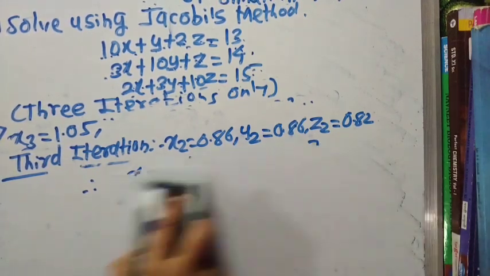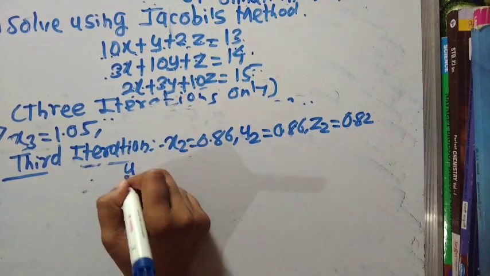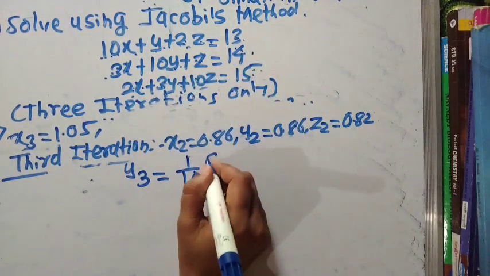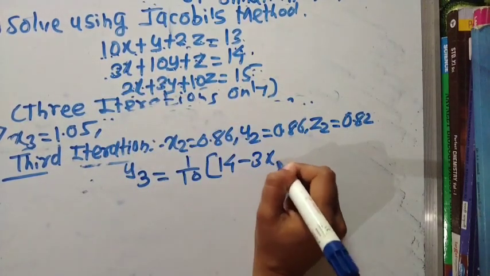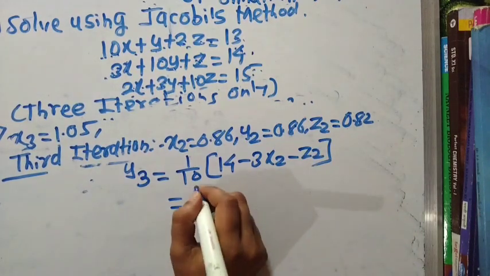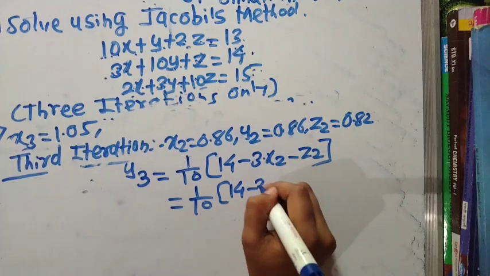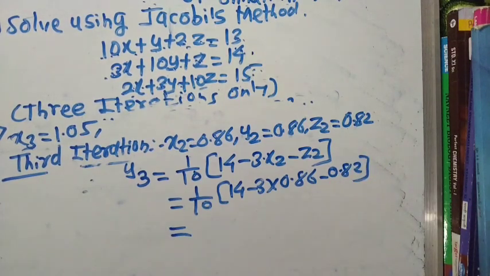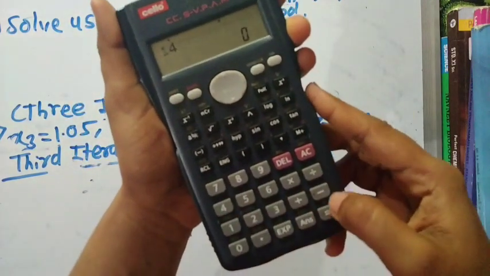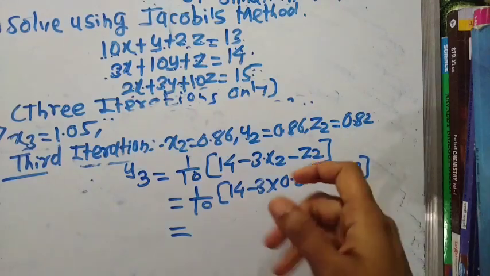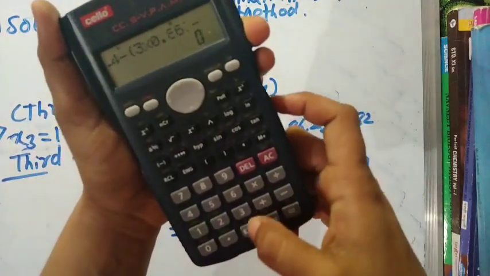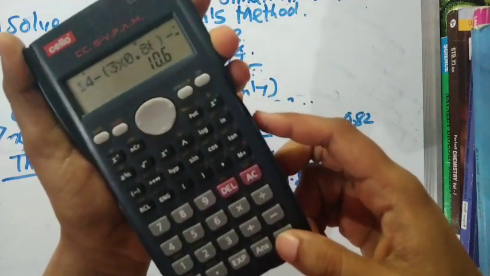Then find out y3. Then y3 is equal to 1 divided by 10, 14 minus 3x2 minus z2, which is equal to 1 divided by 10, 14 minus 3 into x2, 0.86, minus z2, and by scientific calculator, 14 minus 3 into 0.86 minus 0.82, which is equal to 10.6.